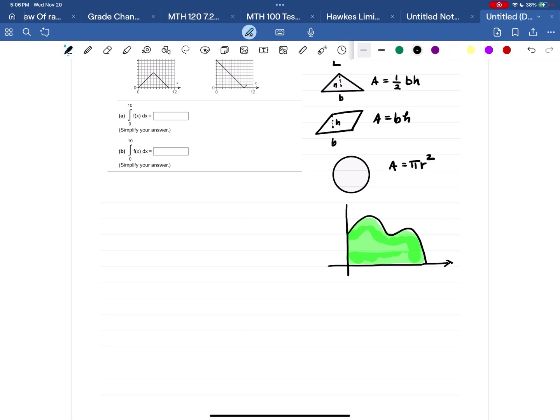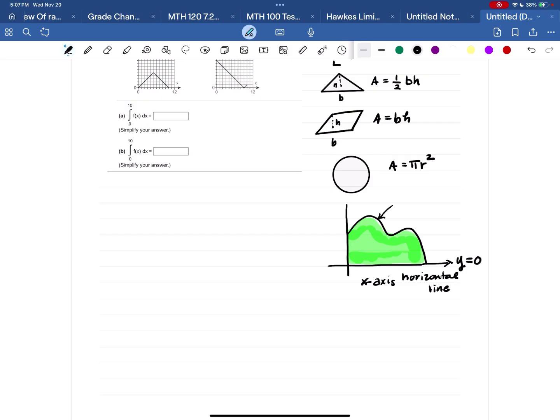Now, the x-axis is a horizontal line. That's our x-axis, and so it has an equation, y equals 0. Because the bottom border of our shape is y equals 0, we won't have to deal with anything except for this actual curve itself.